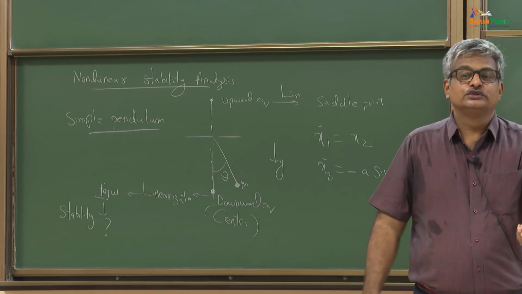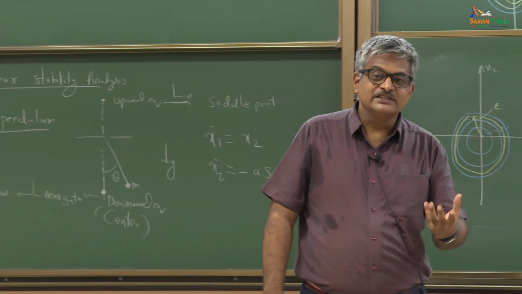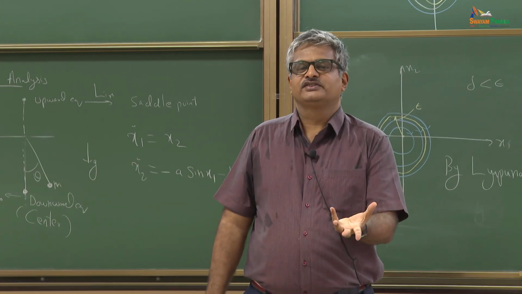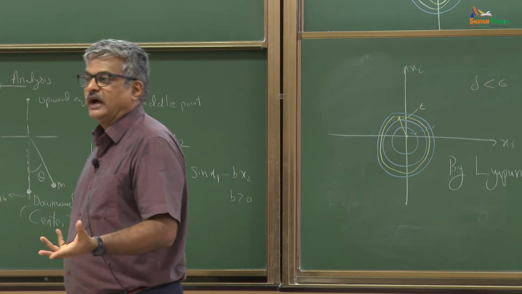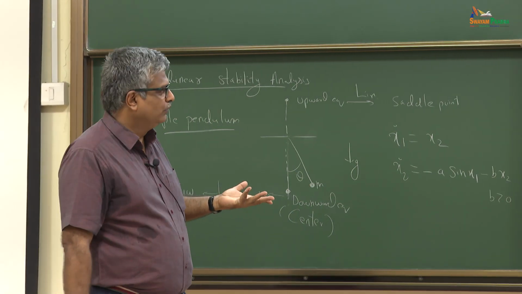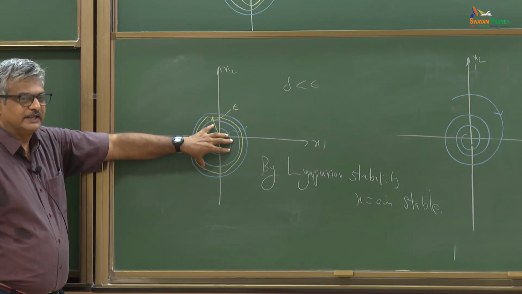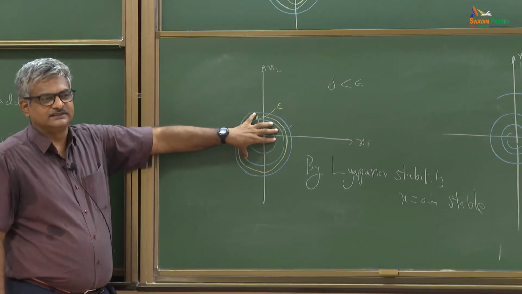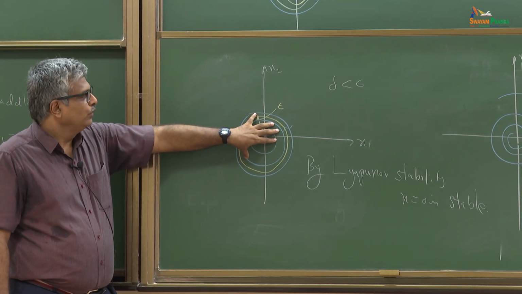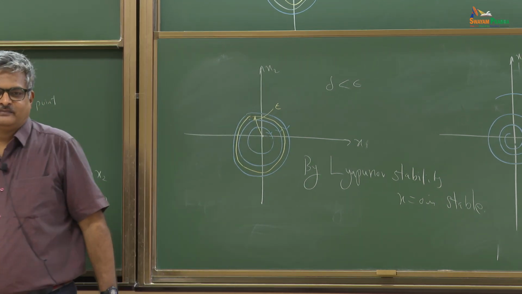That also gives you the idea that energy could be a nice function to analyze stability. We could talk about this epsilon and delta using energy levels. So why not generalize this for any nonlinear system?